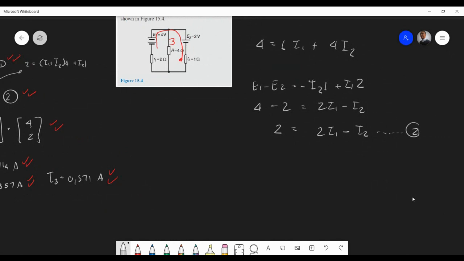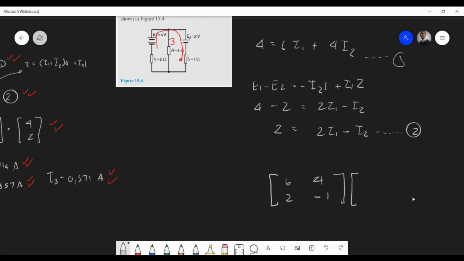Once we have that, we've got another equation, which we can call equation 2. Then we can make the same matrix: 6 and 4, and 2 and negative 1. I'd like you to practice with the calculator.